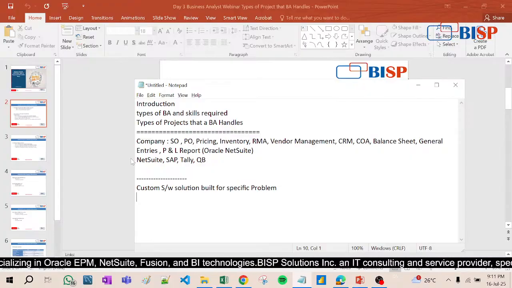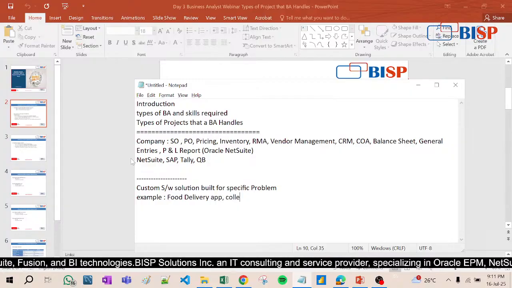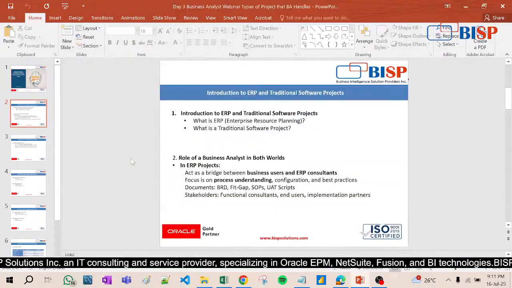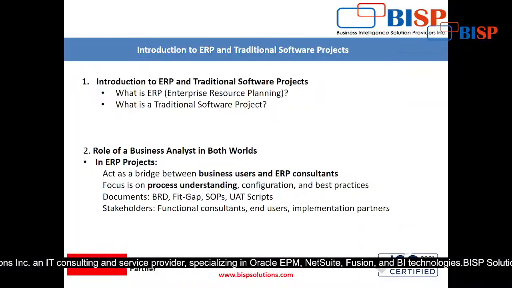The examples for this: food delivery app, college management software. These are the applications, these are the projects that a business analyst handles. Okay, now the role of business analyst in both the worlds.